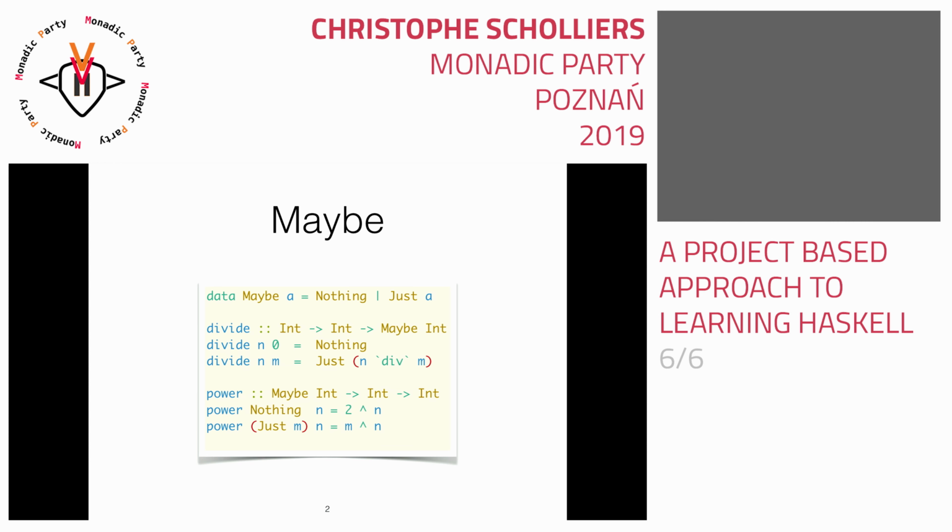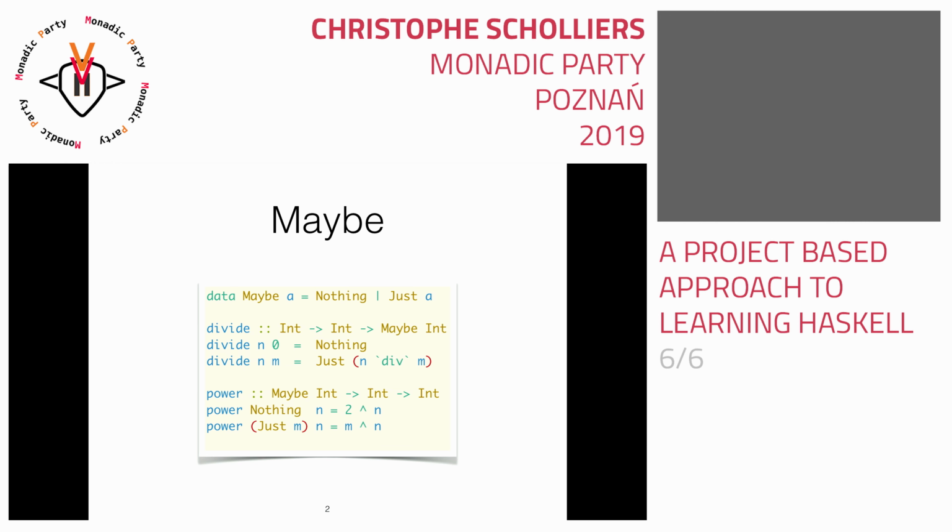And then Just to indicate that there is a result, and the result is this 18, right? And so we have two representations, we have two values to give back. If something went wrong, we give back Nothing. And otherwise, if we want to give a result back, we wrap it in a Just.